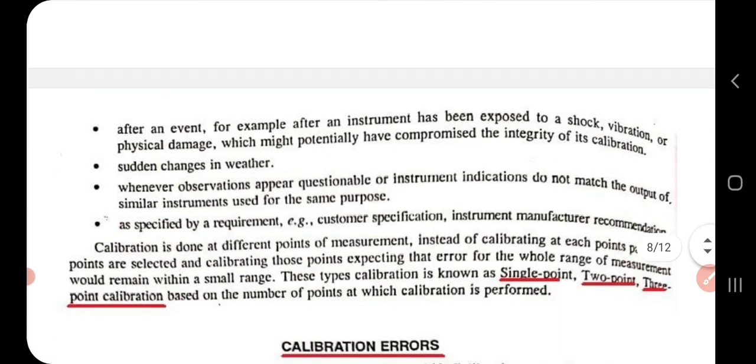After an event, for example after an instrument has been exposed to shock or vibration or any other damage, it has to be calibrated for its better performance. Also in case of sudden changes in temperature, when an instrument's indications do not match the output of similar instruments, or as per customer specifications or instrument manufacturer recommendations, we need to calibrate.